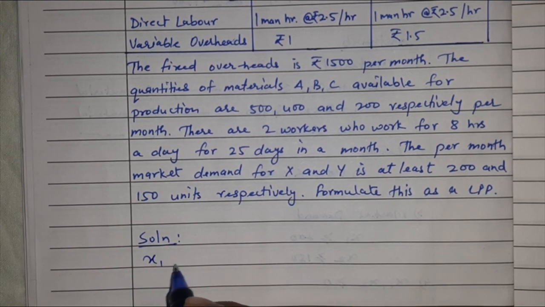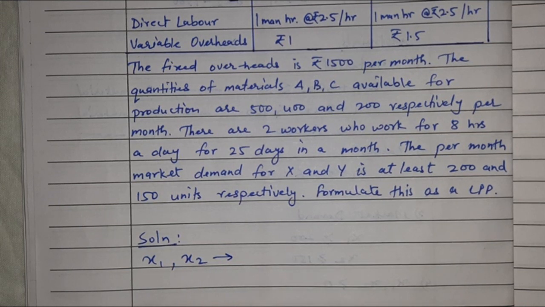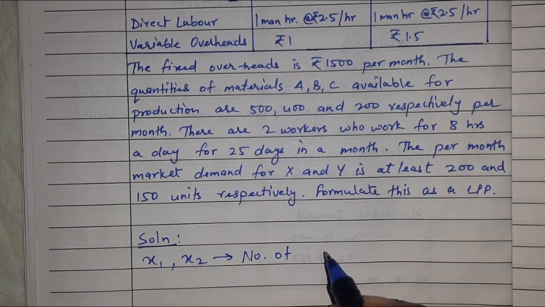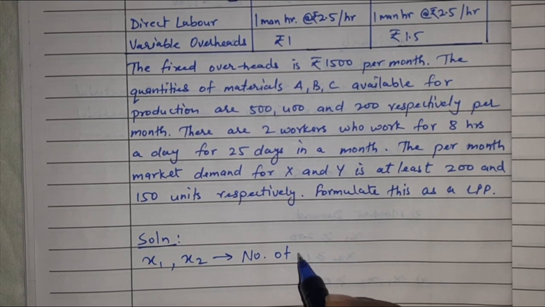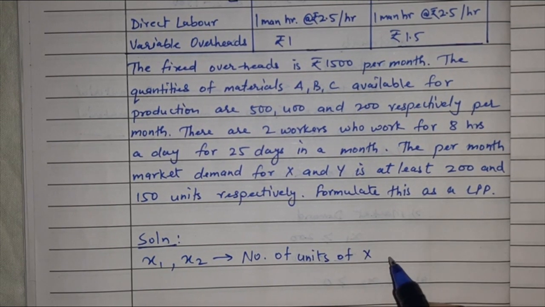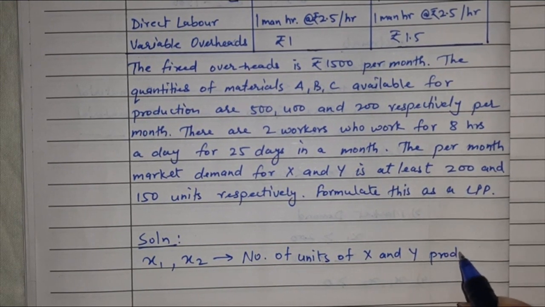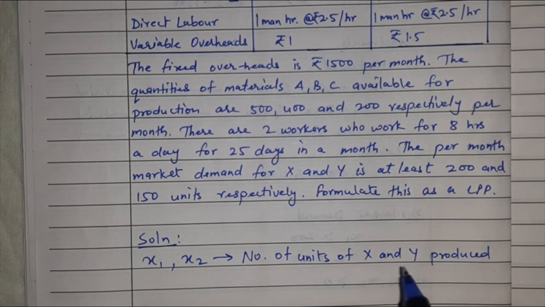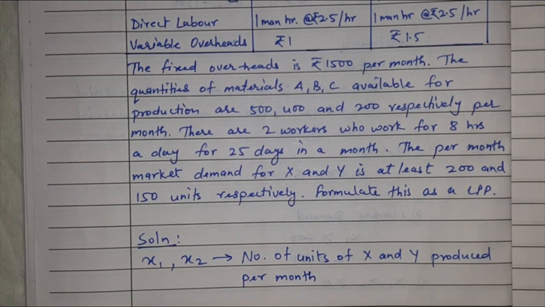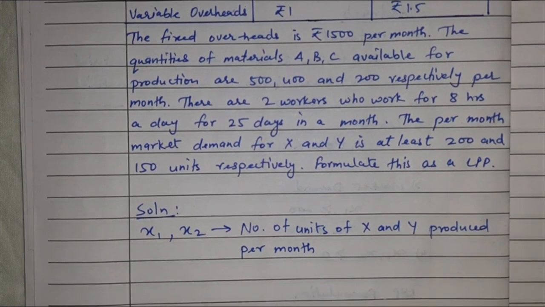So X1 and X2 as the number of units of X and Y produced per month. Okay. So these are my two variables. Using these two variables, we will write the objective function.